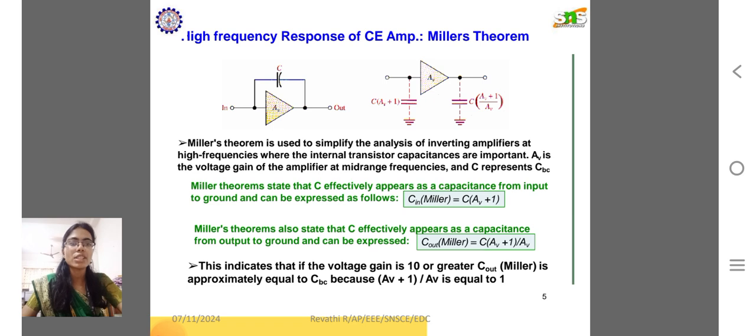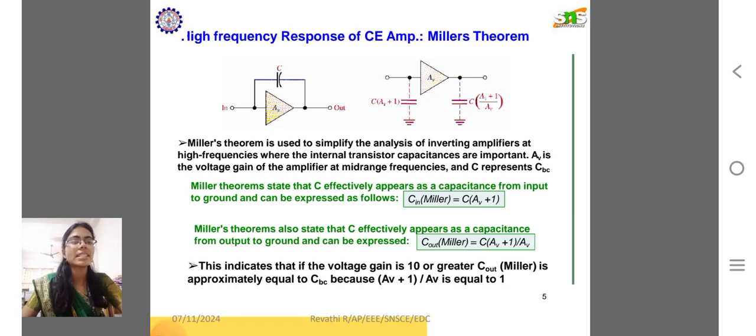In high frequency response of CE amplifier, Miller's theorem simplifies the analysis of inverting amplifiers at high frequency, where the internal capacitances are important. AV is the voltage gain of the amplifier at mid-range frequencies and C represents CBC.